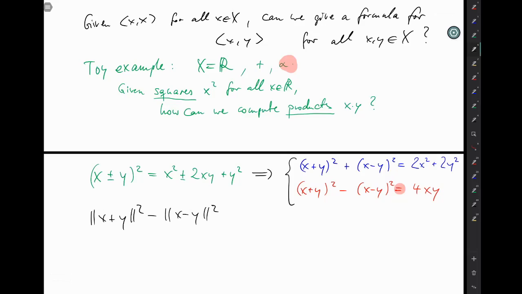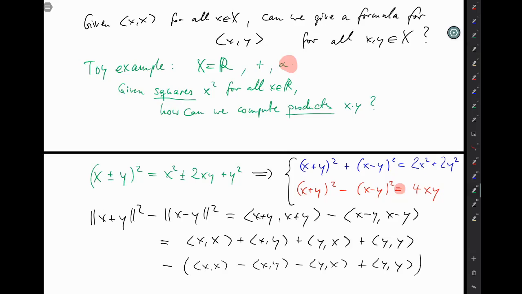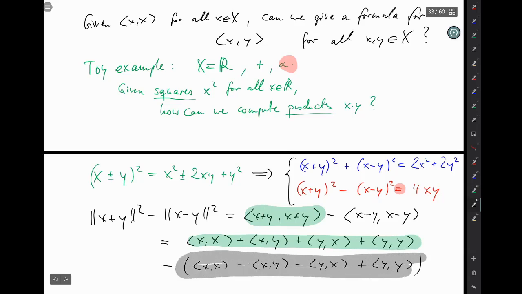And if we rewrite this as scalar products, then we have x plus y, comma x plus y, and subtract x minus y, comma x minus y. And then when you multiply everything out, you get this, where the green term is just what you get if you expand that green part, and the black term is what you get when you expand that black scalar product.